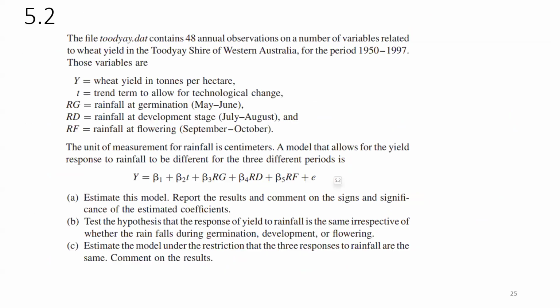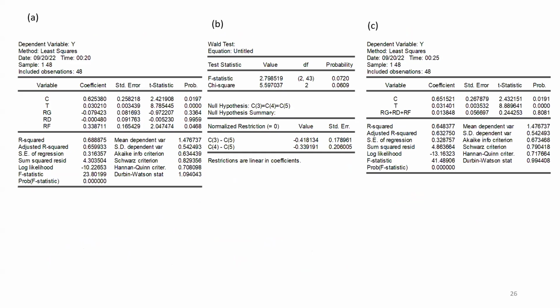For 5.2, they would like you to estimate the model and report the result and comment on the size and significance. Okay, so this is similar to the exam. In the exam, I may give you several printouts, so you have to understand what happened to the model.